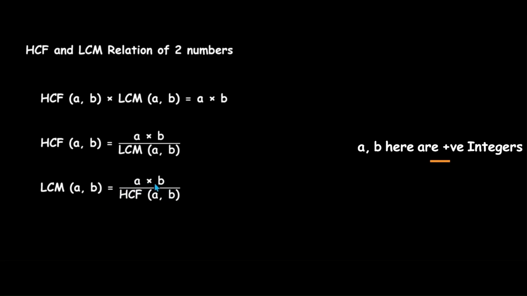Because A times B divided by 1, which is the HCF of two co-prime numbers, is equal to A into B. And LCM of A and B would then be equal to A into B. And that's what we just discussed a few moments ago.